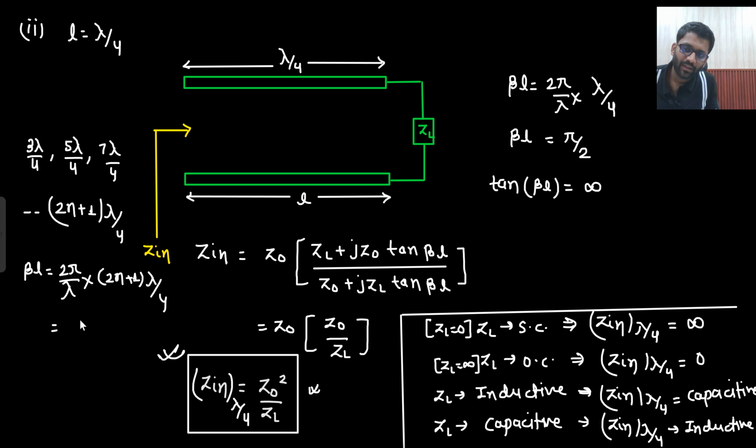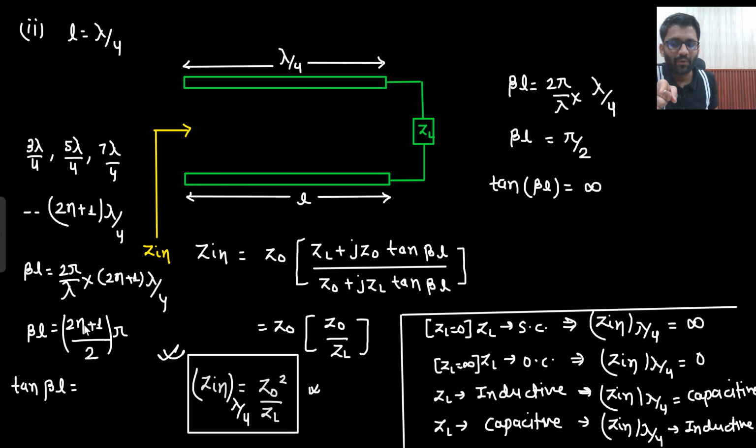So beta L is 2n plus 1 divided by 2, times pi. If you calculate tan beta L, it will always come out infinity. If n equals 0, tan pi by 2 is infinity. If n equals 1, tan 3 pi by 2 is also infinity. Tan 5 pi by 2 is also infinity.